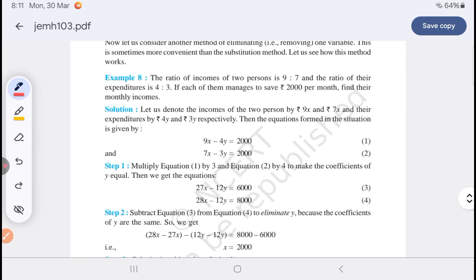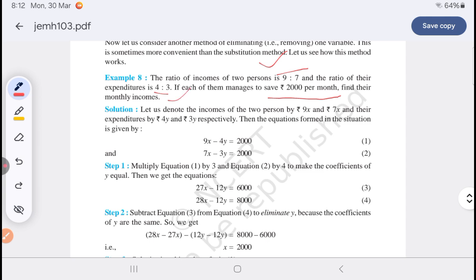First example: the ratio of income of two persons is 9 is to 7. The ratio of their expenditure is 4 is to 3. If each of them manages to save 2,000 per month, find the monthly income.